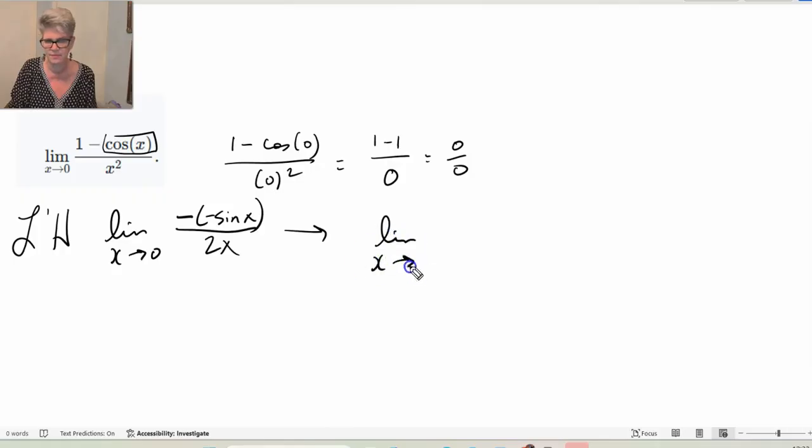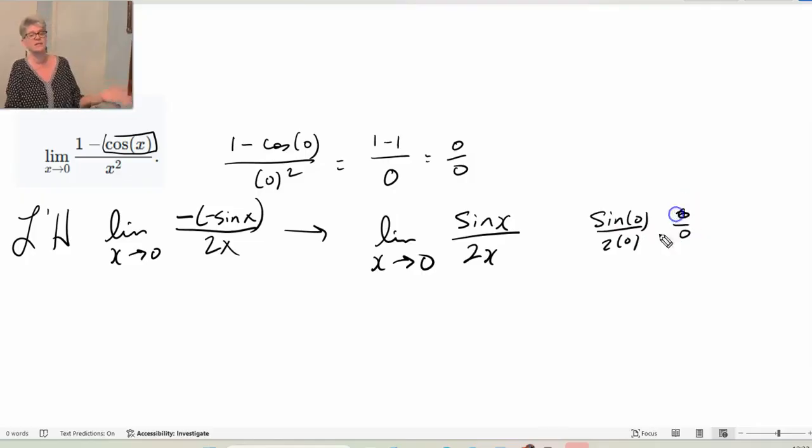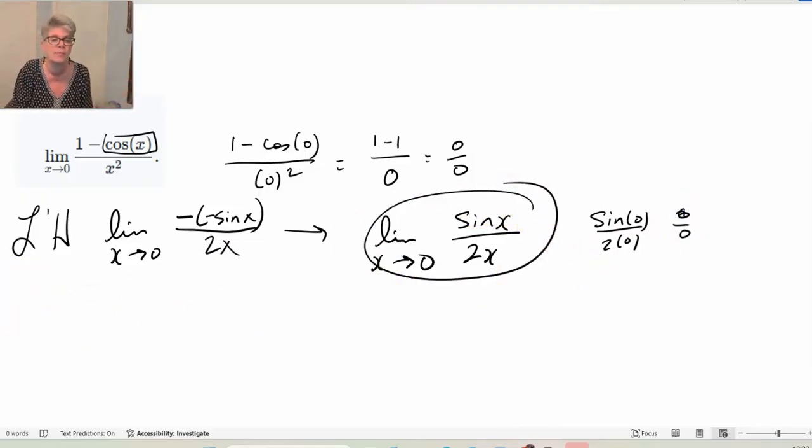So now I'm just simplifying. Those two negative signs will cancel. And now if I plug in 0, I'm going to get sine of 0 over 2 times 0, which is 0 over 0, which again is an indeterminate form. So I'm going to apply L'Hopital's again to that.